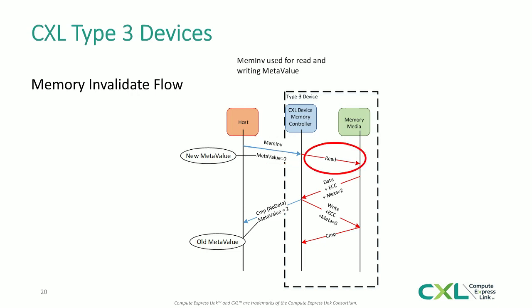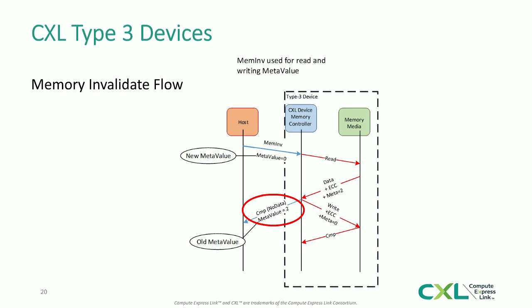The memory controller goes out and reads the media itself to determine what the current state is. The media will respond back with the data plus some ECC and the current value of that metadata. The CXL memory device will send a completion with no data back to the host.